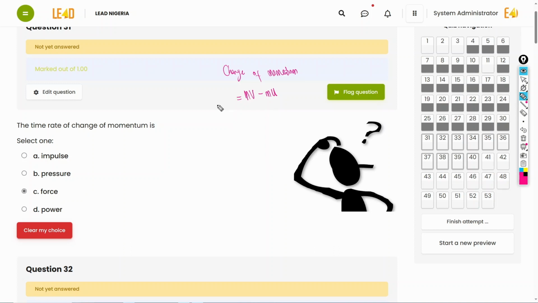So you're likely to just go, this is Ft, right? If it's change of momentum, I'll take impulse as an answer. But because it's rate of change, that means that you're saying change of momentum over time. And if you do that, you end up with just force. So the correct answer is C.